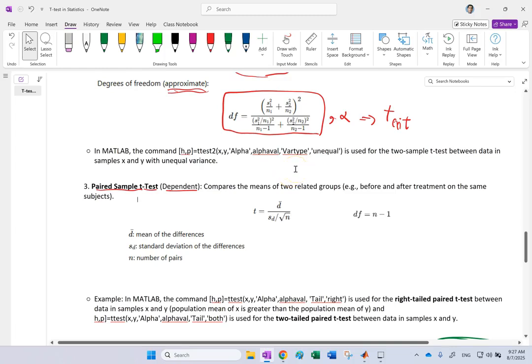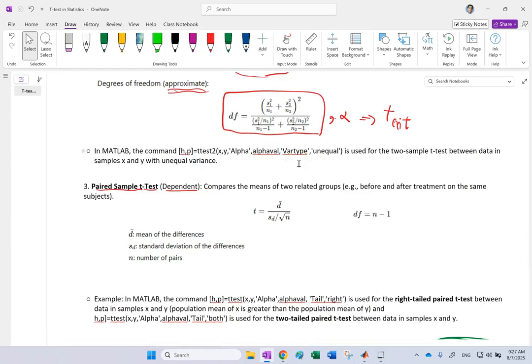They are what we call pre and post data. So you did some kind of treatment, some kind of operation on the same group, but before you do it, you collected some performance data, and then after that treatment or operation, you recollected the same performance data. So it's before and after, or we call them pre and post data.